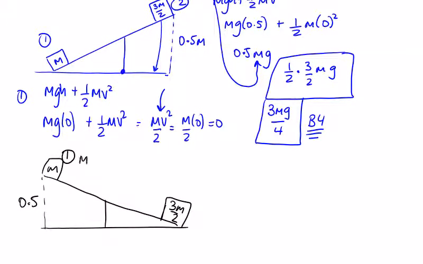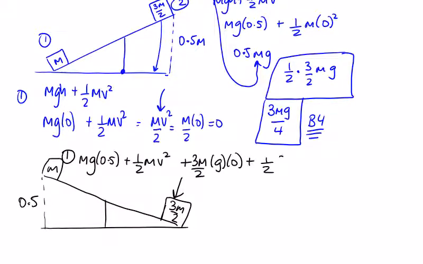Position 1: m g by 0.5 plus a half m by v squared, plus the two energies down here, which is 3m over 2 by g by 0 plus a half 3m over 2 by v squared.